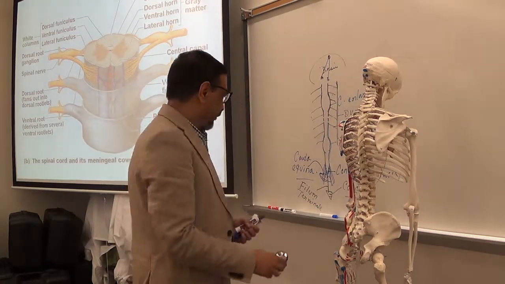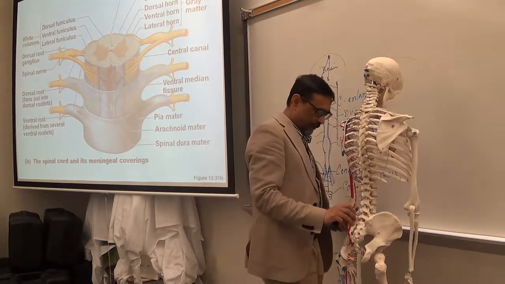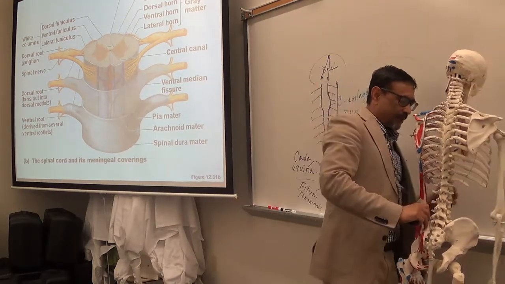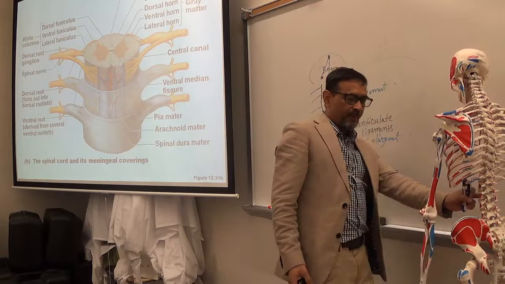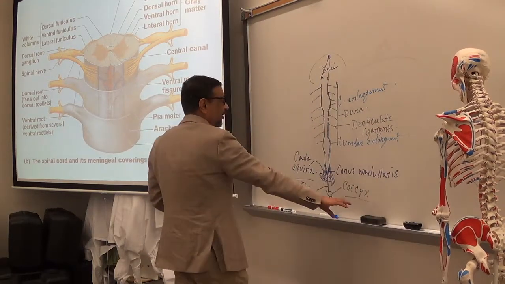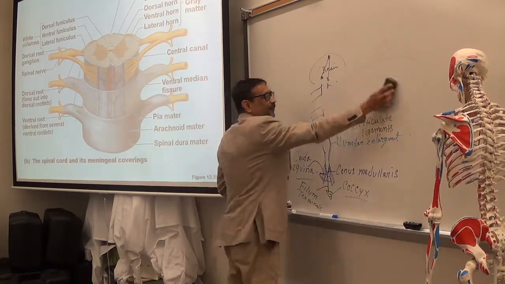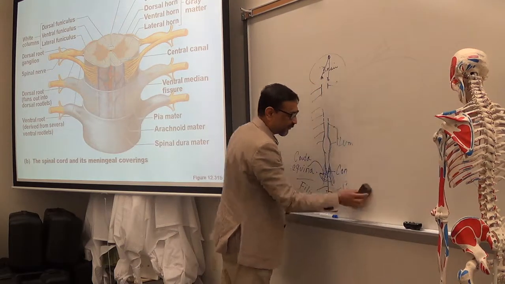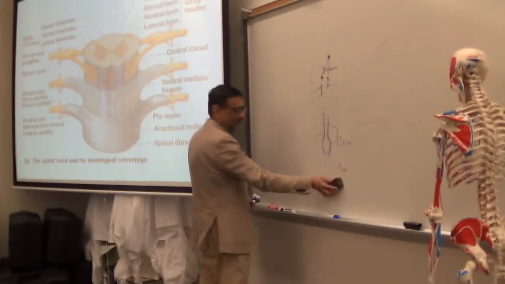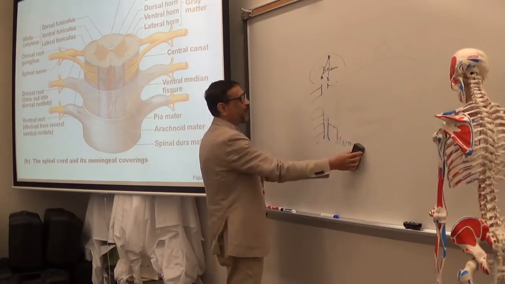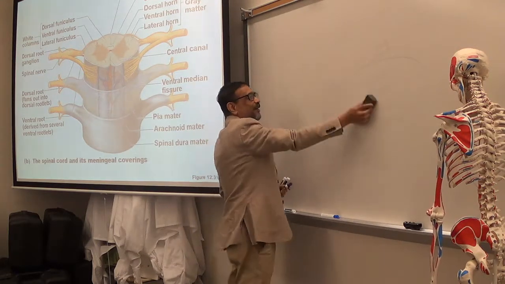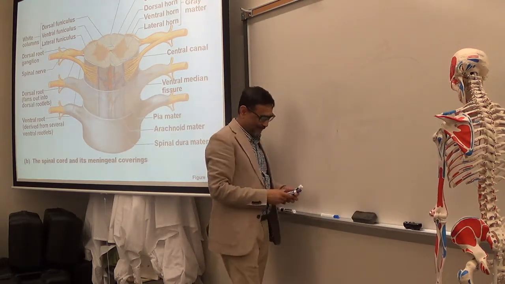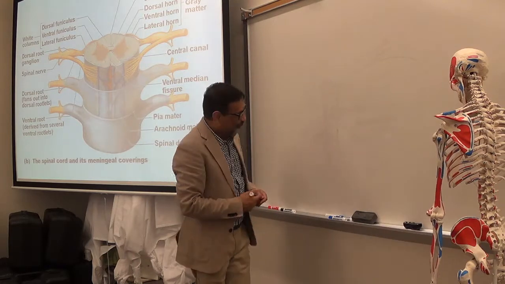Okay, now, how many spinal nerves you have? Anybody? How many spinal nerves? From both sides of the spinal cord, how many? 31 pairs. 31 pairs, yes. Okay.